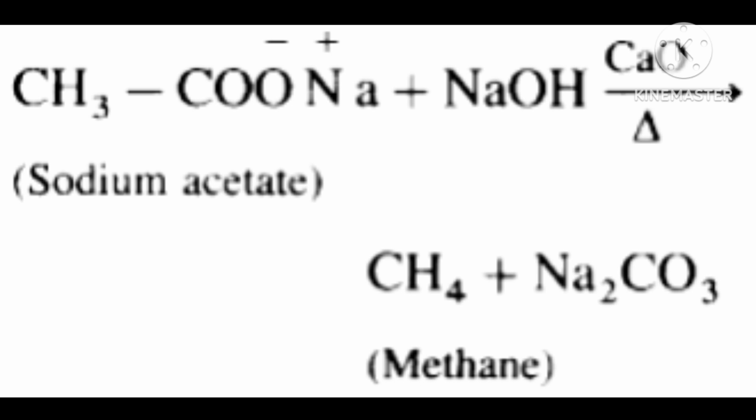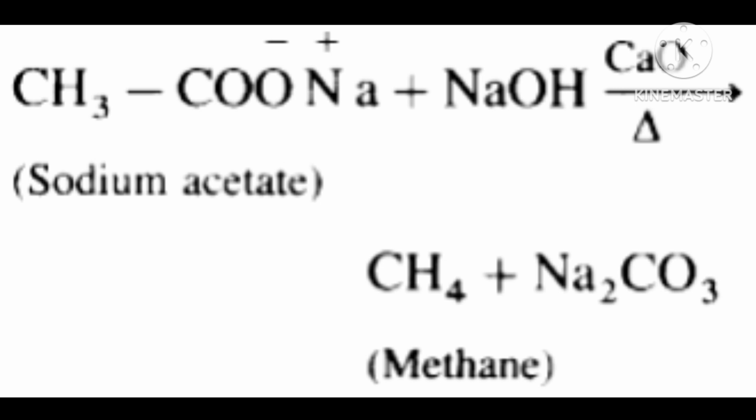Two conditions are there. It should be the alkali metal salt of carboxylic acid, that is the first requirement. And the reaction takes place by electrolysis, electrodes are required in a cell.